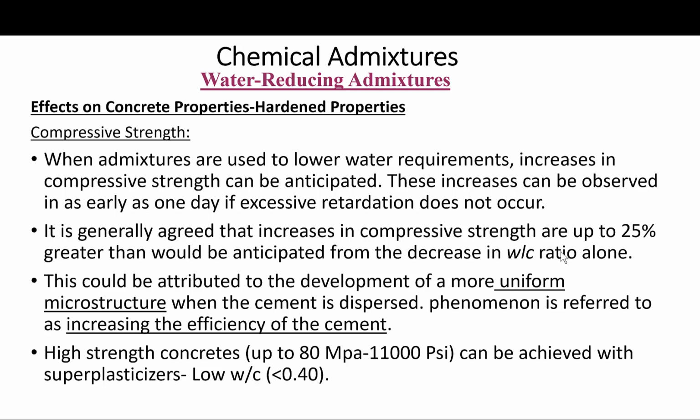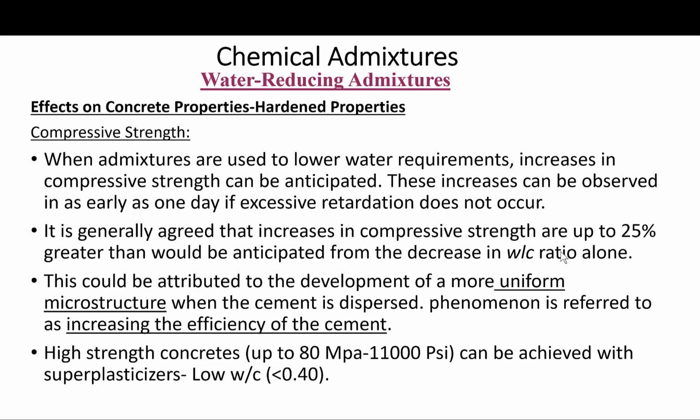So let's see what the effects are on the hardened concrete properties. And of course, first and foremost is the compressive strength. Okay, when admixtures are used to lower water requirements, increases in compressive strength can be anticipated, which is a good thing. These increases can be observed as early as 1 day, if excessive retardation does not occur, of course.